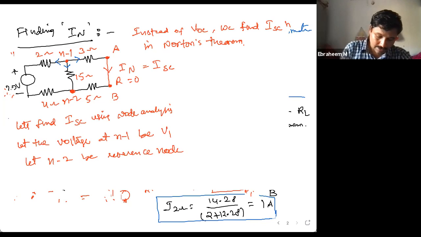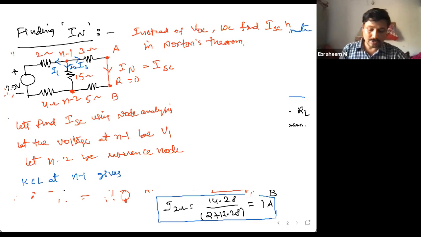So let I1, I3, I2, three currents are there. So KCL at node 1. I should have drawn the big circuit. Anyhow, I will draw a big circuit here.